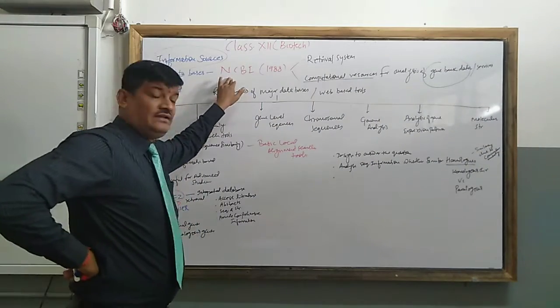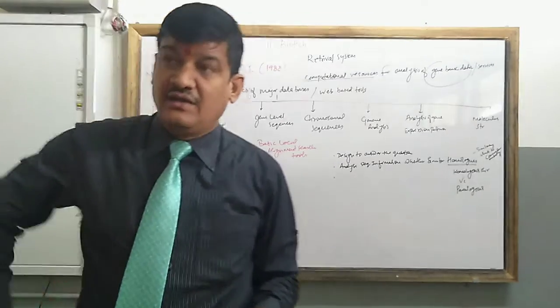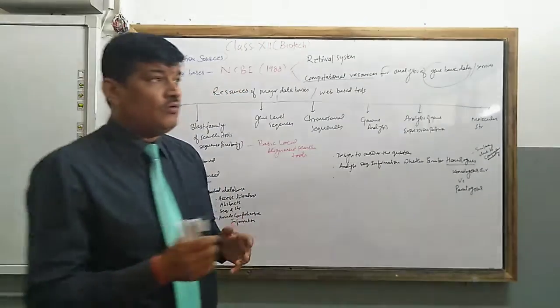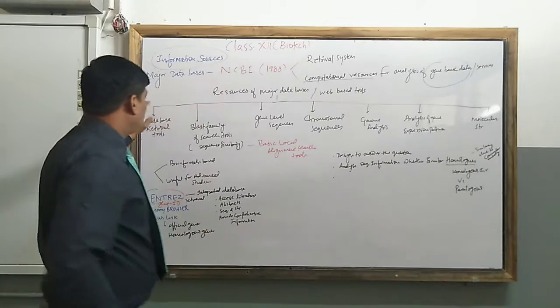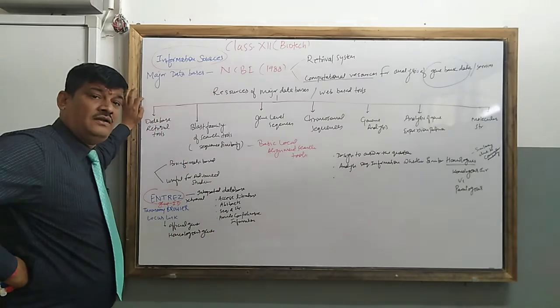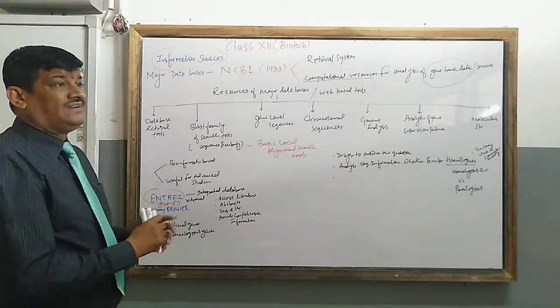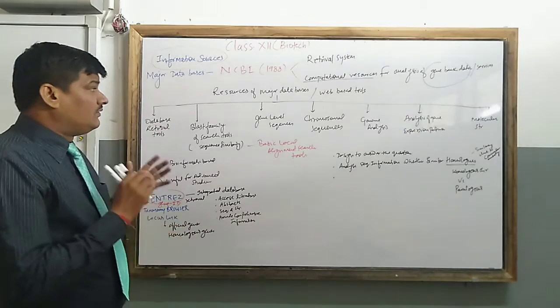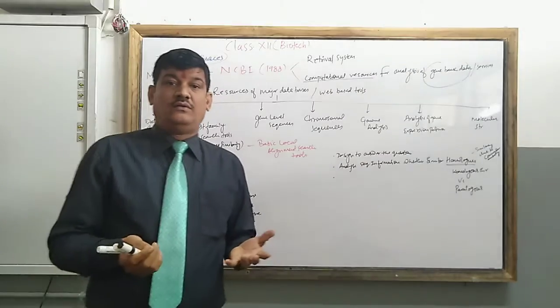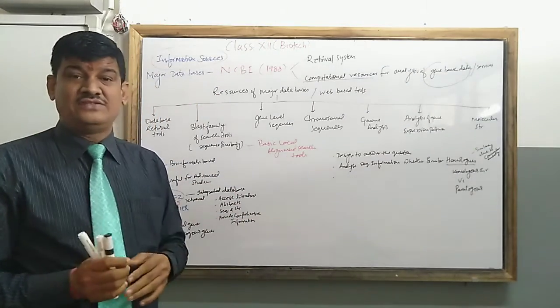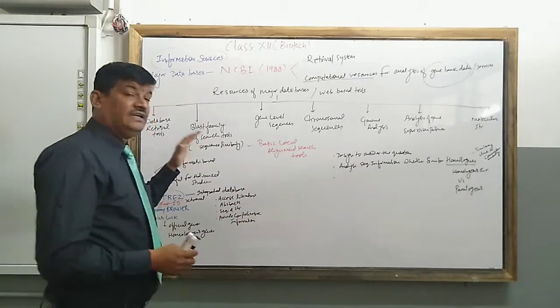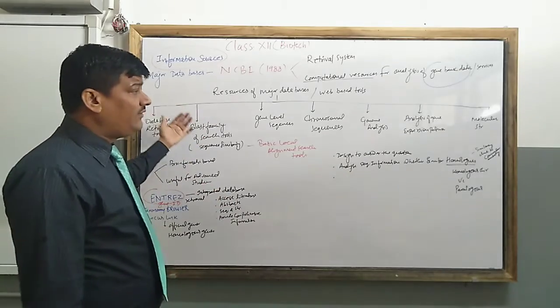The arrival of this NCBI in India opened a new hope and a new door, and it is also responsible for categorizing into web-based tools, which are given under 7 heads.